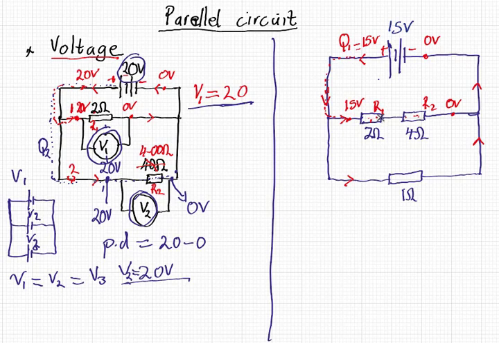So because we have R1 and R2, the voltage will be split such that this one gets double of this one. Why? Because voltage is energy that is going to be used to do some work as it passes through this resistor.